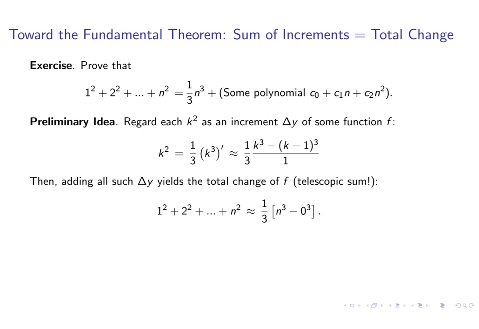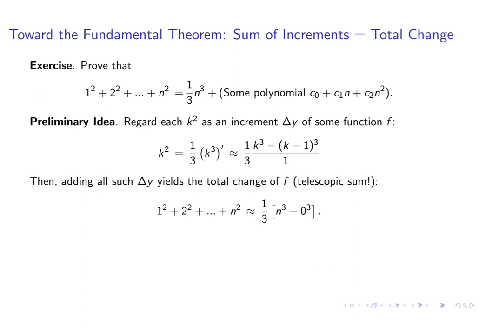Now, when we add 1 square plus 2 square plus so on plus n square, we are adding all such increments of the cubic function. When you add the y increments of a function, you get the total change of the y value of that function. It's the same idea that you see in telescopic sums.